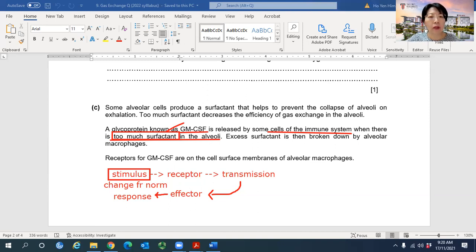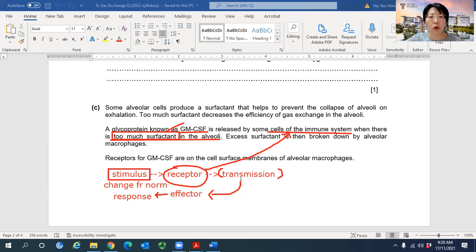Who will it stimulate? So usually receptor belongs to a cell. So it stimulates the cell, which is actually the cell of the immune system. So what does a cell do? So you see that after the receptor, the next step is transmission, sorry, it's in brackets.